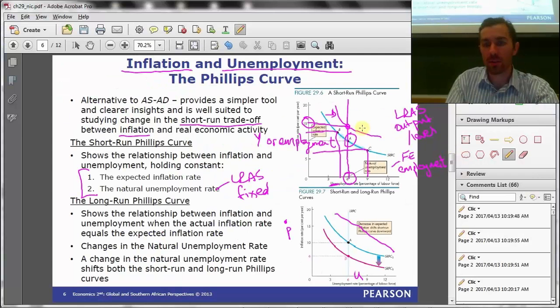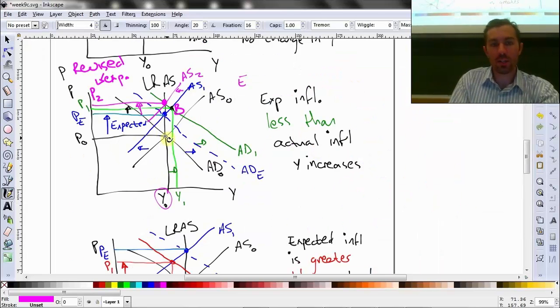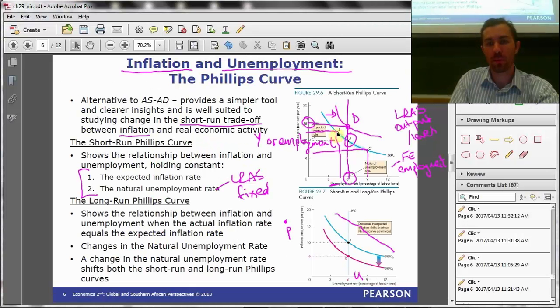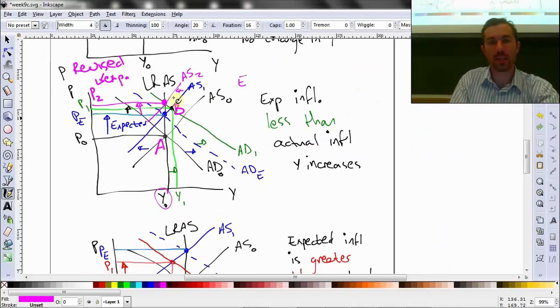So let's call this point here point D. Initially, our point of equilibrium corresponds to point A. We move to point B. We're now back at long-run equilibrium at point D. That would correspond to point D on our AS-AD model. From point D, we can compare it to, say, point A.